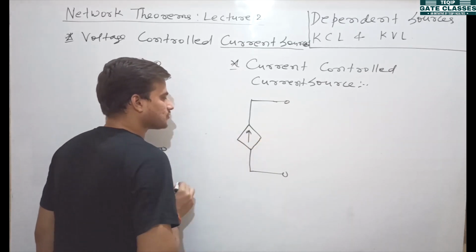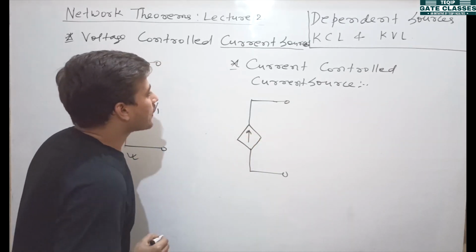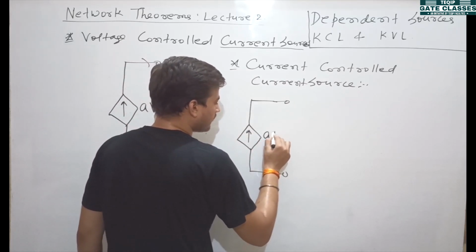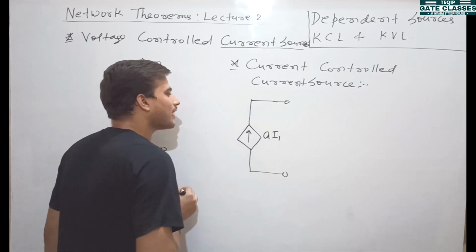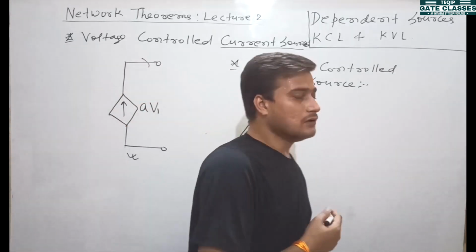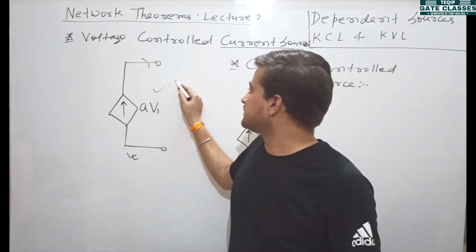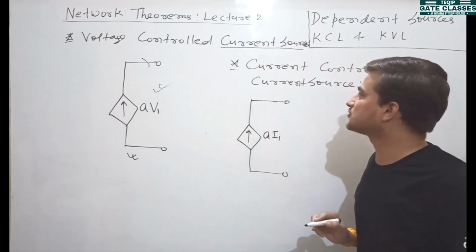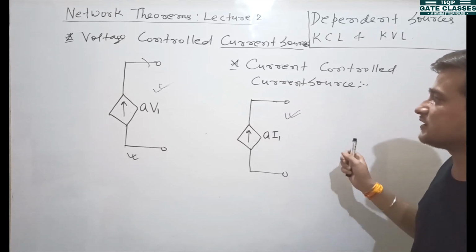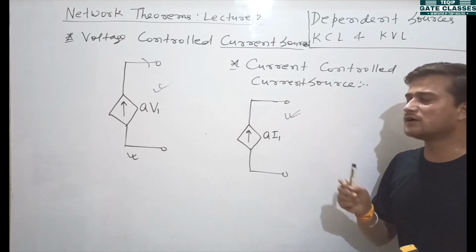Since it is a current source, you put an arrow inside the box. Then it is current controlled, that means you write A into I1. So this is a voltage controlled current source, and this is a current controlled current source.